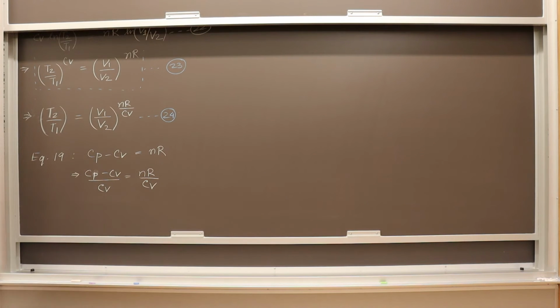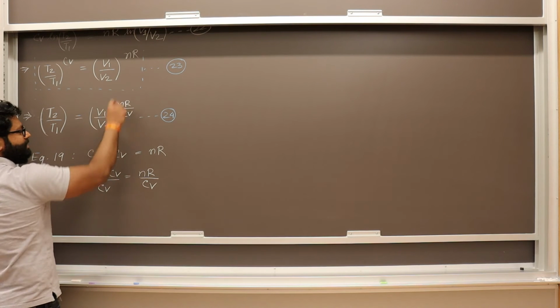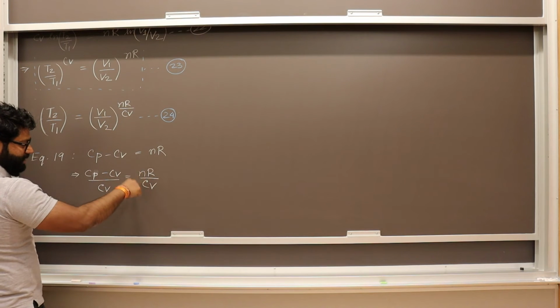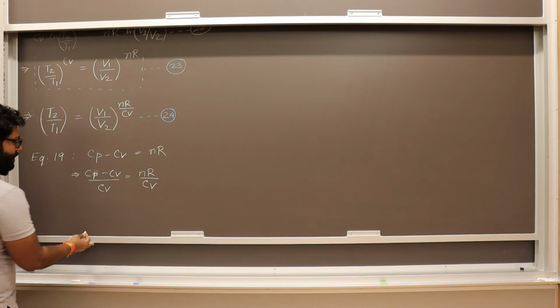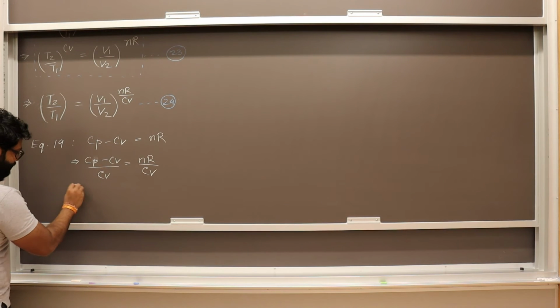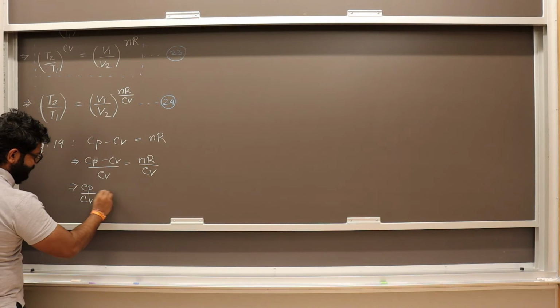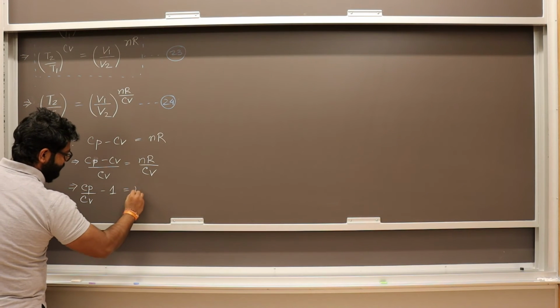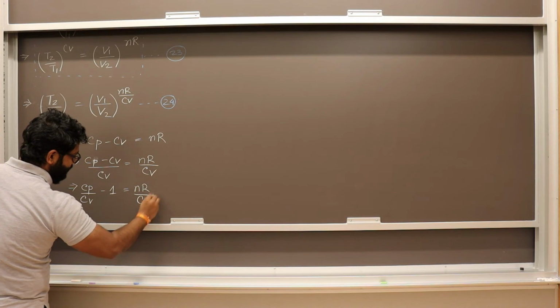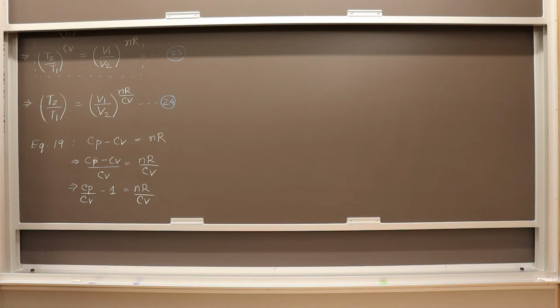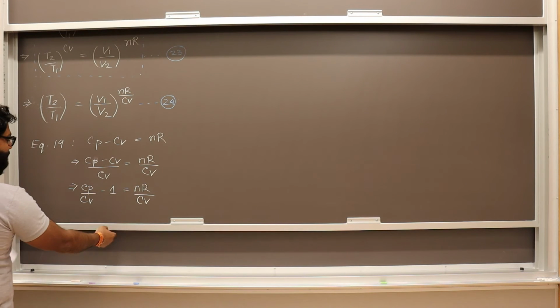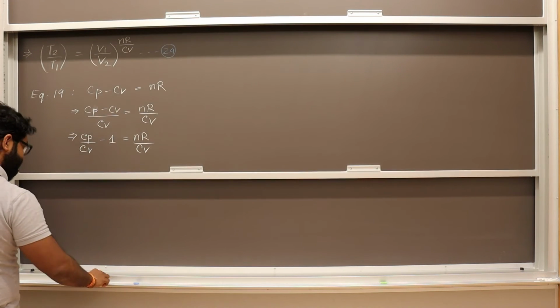Why did I divide both sides by Cv? Because I'm trying to get this number, nR by Cv. So you see how I am getting nR by Cv in here? So now if I write down something like this, this comes, okay? Now, Cp by Cv is called the adiabatic exponent, okay?